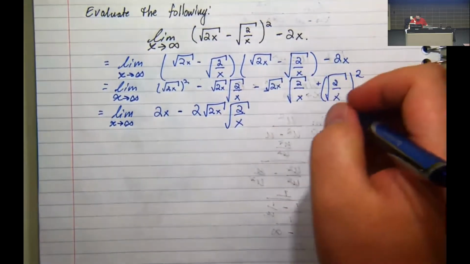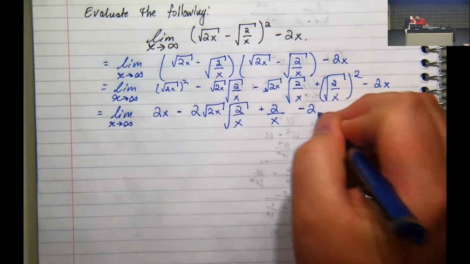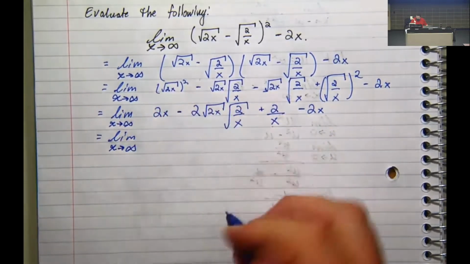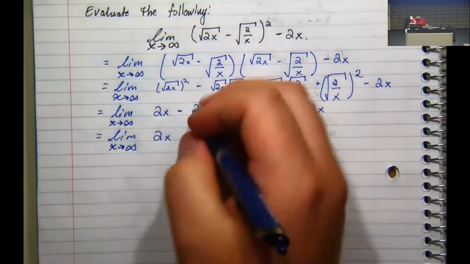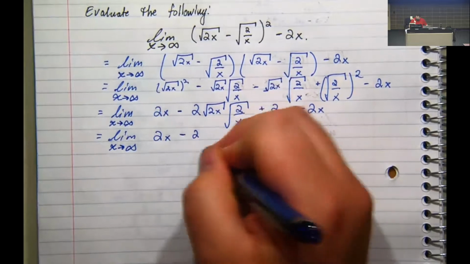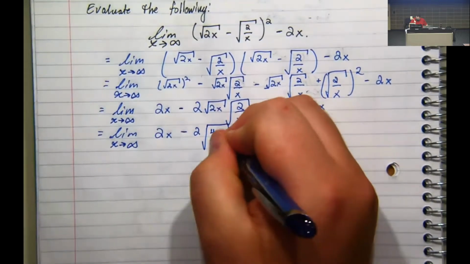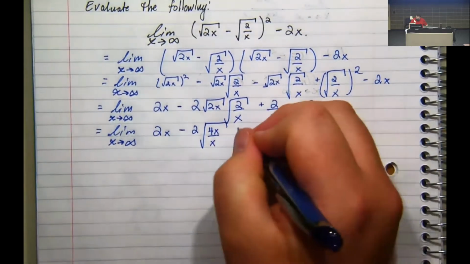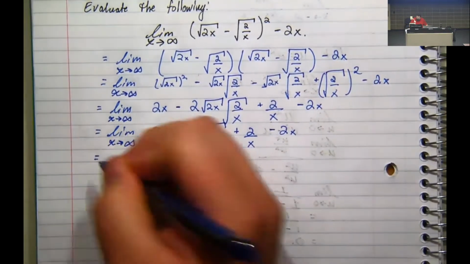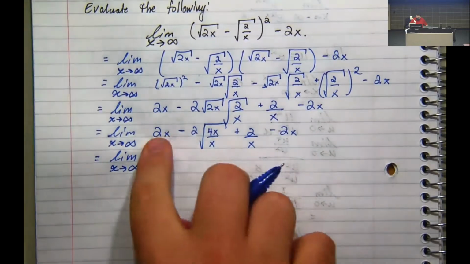And then this is going to get rid of the square root, plus 2 over x minus 2x, equals the limit as x goes to infinity of 2x minus 2. And then we're going to combine these. So it's minus 2 root 2x times 2 is 4x over x, plus 2 over x minus 2x, equals the limit as x goes to infinity. These 2 x's cross each other out.